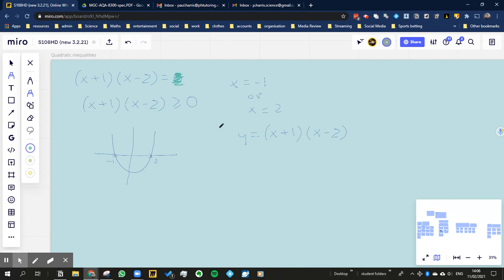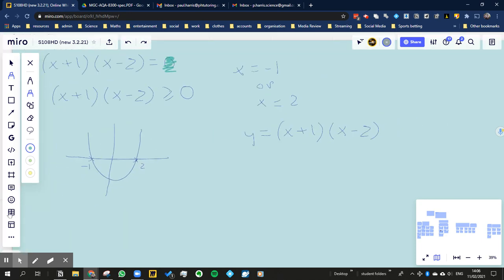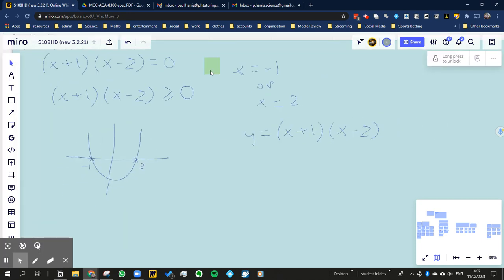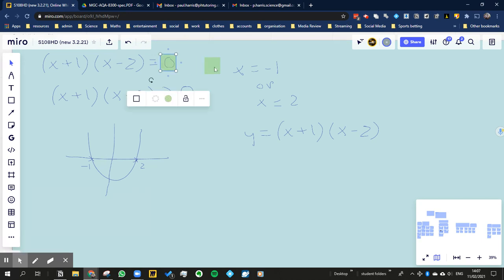So there's my 0, and there's my y there. It's not a very good highlighter, is it? It looks like I'm scribbling. So there's my 0 there, and this is the y there, right?